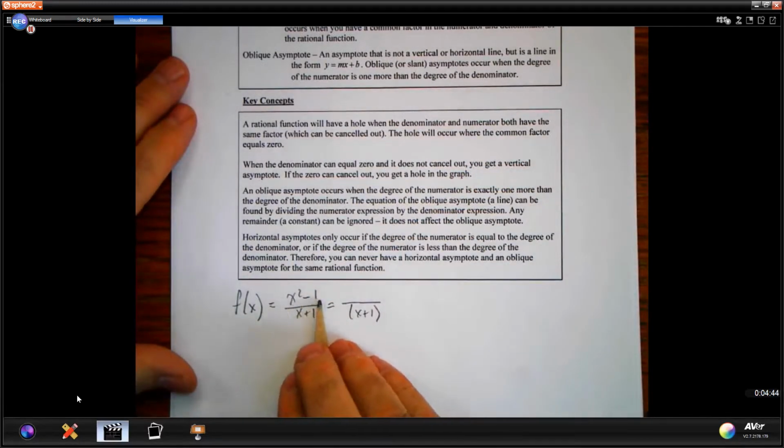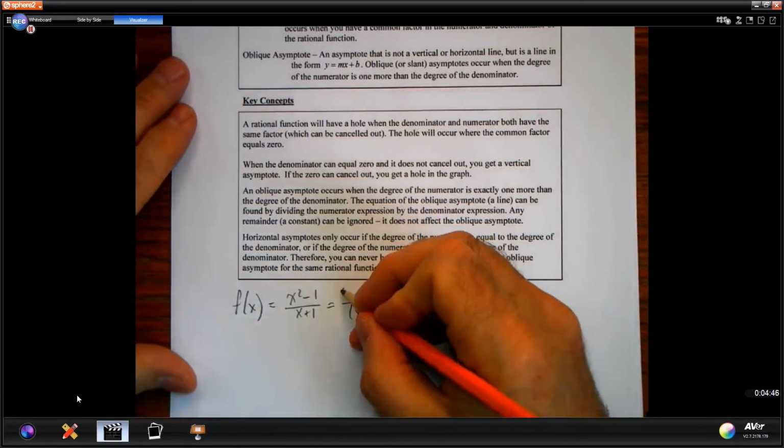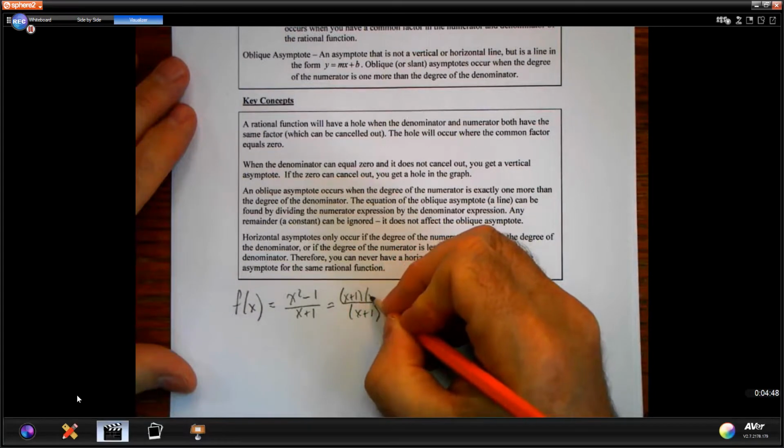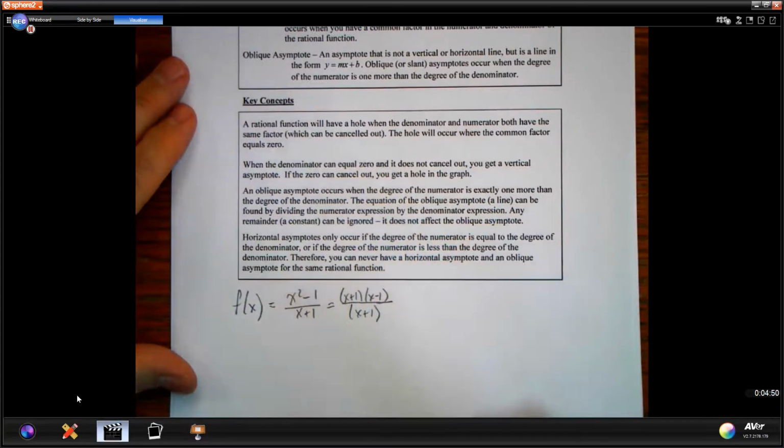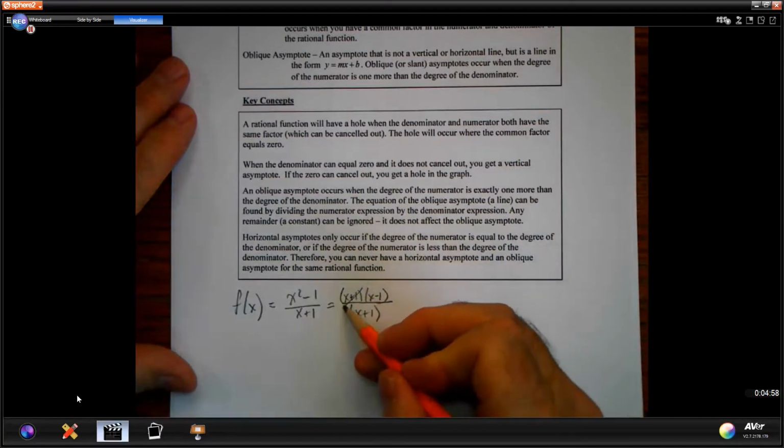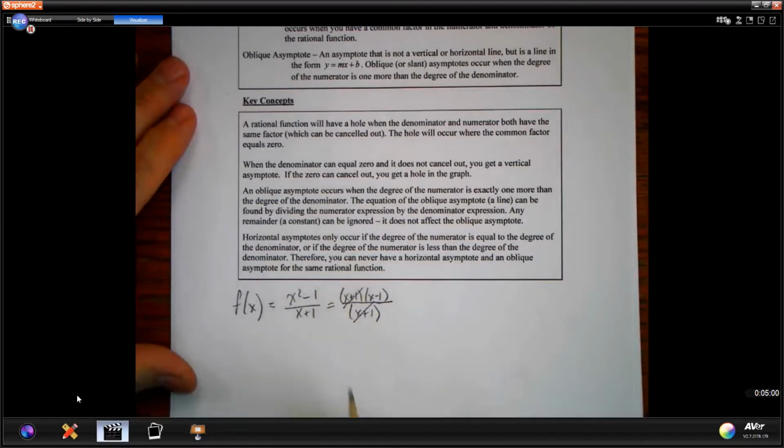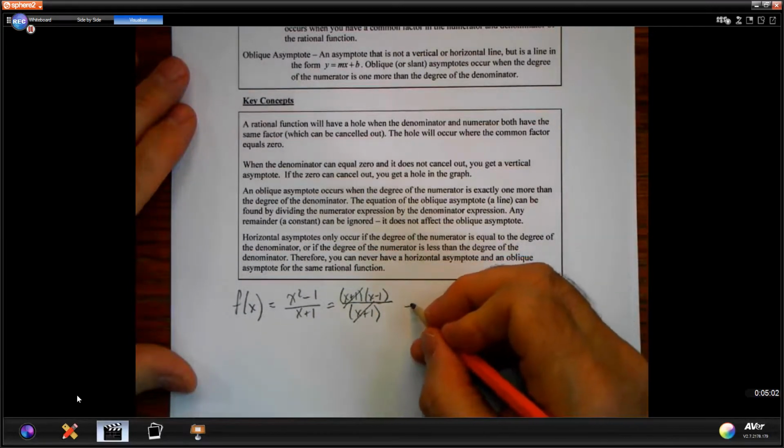If I factor x squared minus 1, that's a difference of squares. That's x plus 1 and x minus 1. You'll notice that I have an x plus 1 on both the numerator and denominator, and yes, you can cancel them. What you're left with at this point is just x minus 1.